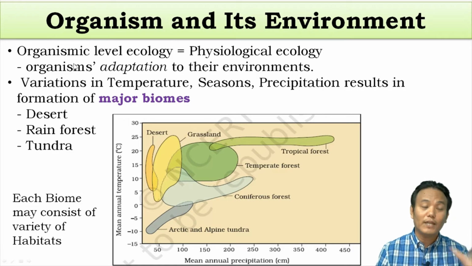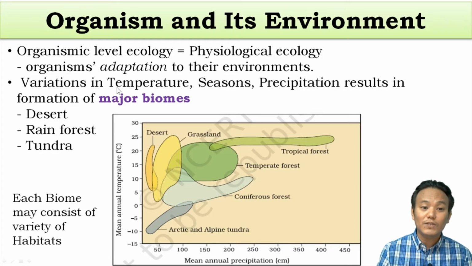That is the organismic level of ecology. Right. Now, the variations in temperature, seasons, precipitation of the environment result in the formation of major biomes within a biosphere. Right. So temperature, seasons, precipitation like rainfall and snowfall are abiotic factors in the environment in which an organism lives, right?